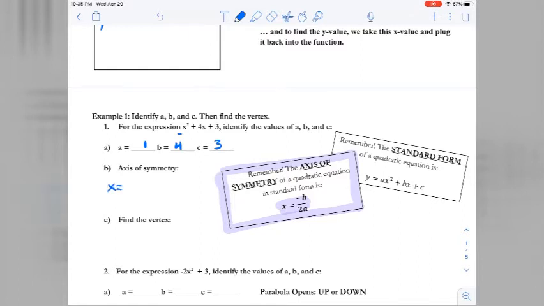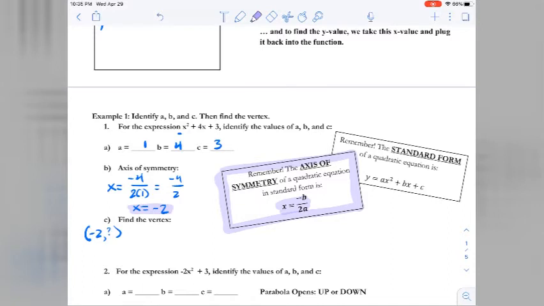So x is equal, in this case, to -4 over 2 times 1, or -4 over 2, or x is equal to -2. So now if that's our axis of symmetry, then we know our vertex right away is going to be -2 something. So how do we find that something?